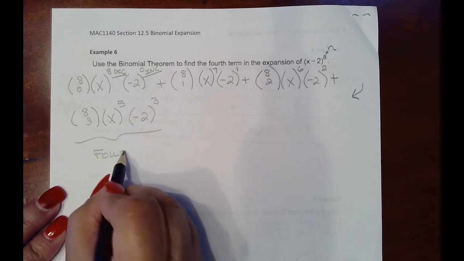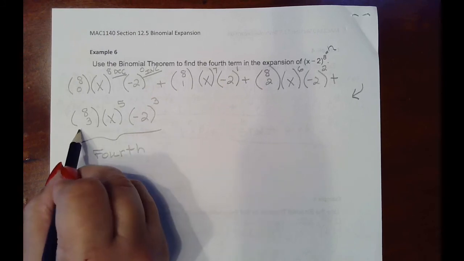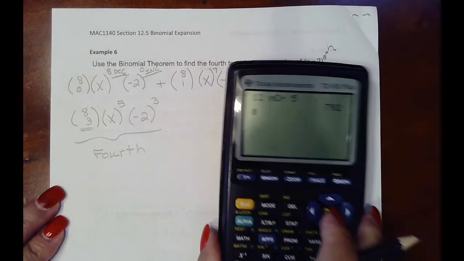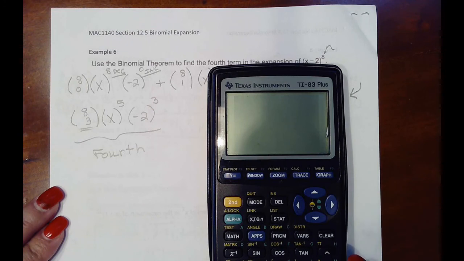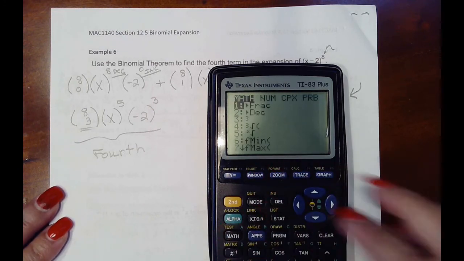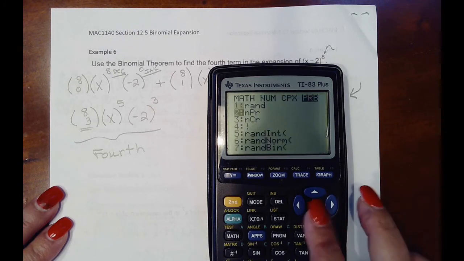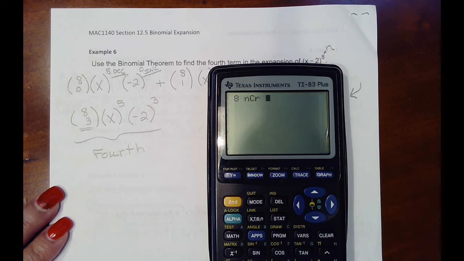Of course, we want to simplify it, so we need to get this value right here. Get that from the calculator, and we're going to multiply it by -8. Okay, so 8, hit the math key, go over to probability formulas and down to the combinations formula, and then feed in the bottom number.